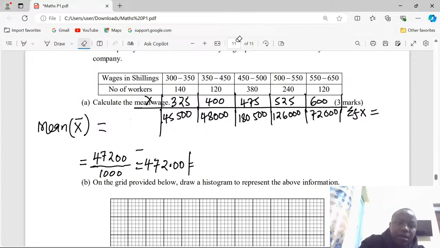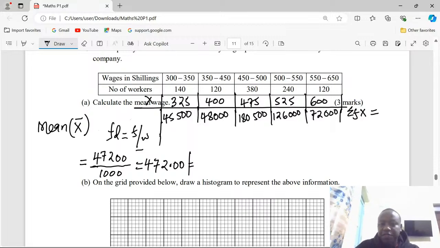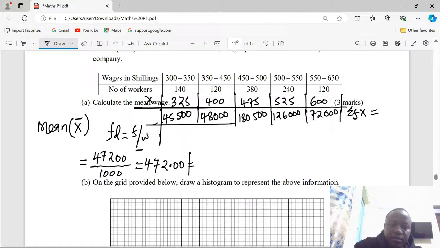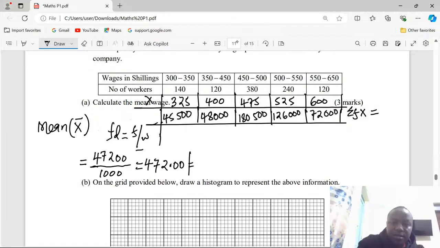Remember, frequency density is given by frequency out of class width. So each frequency divided by the respective class width. We are going to get what we call frequency densities.